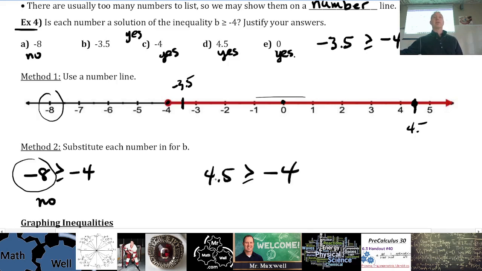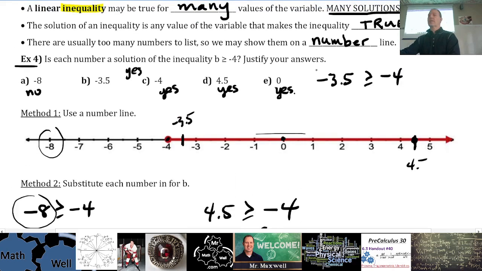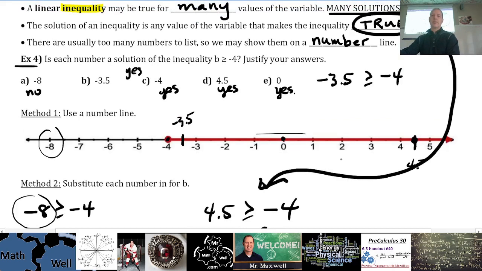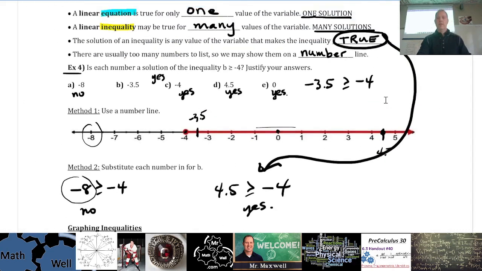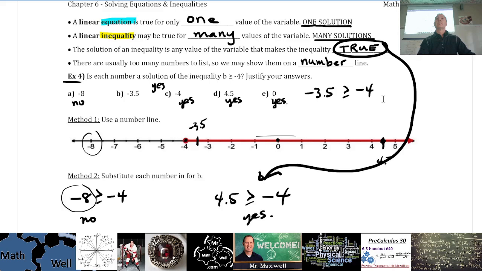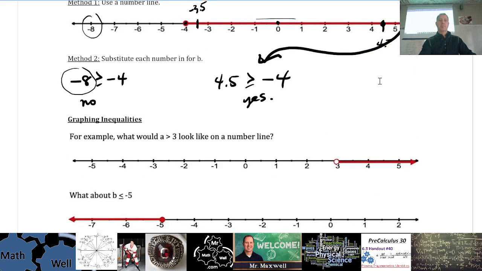Yeah, that's much bigger than -4 because it's positive. So this is a yes. And this is what I mean by the statement is true. If the statement is true, then that number is a solution. Any questions about that? The one solution versus many solutions, pretty important.